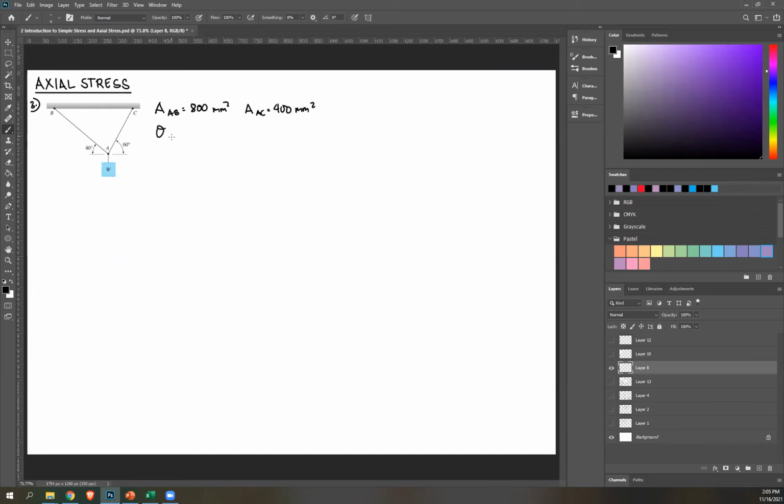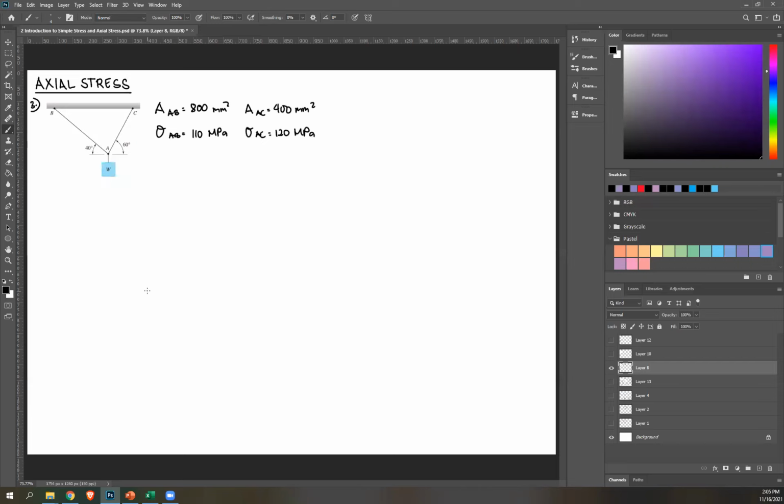The allowable working stress for AB is 110 MPa. The working stress for AC is 120 MPa. Once again, we're looking for W.